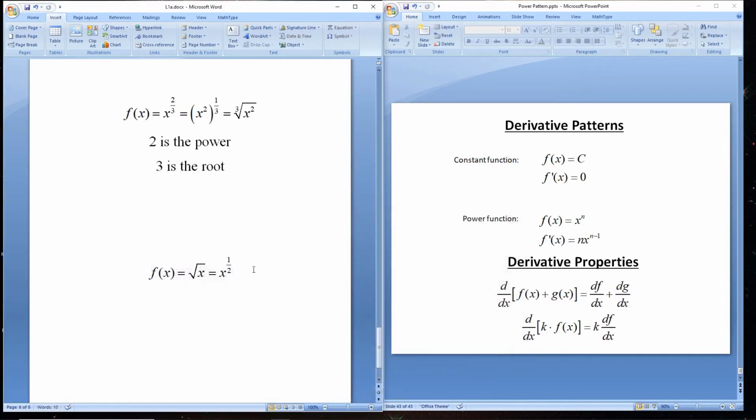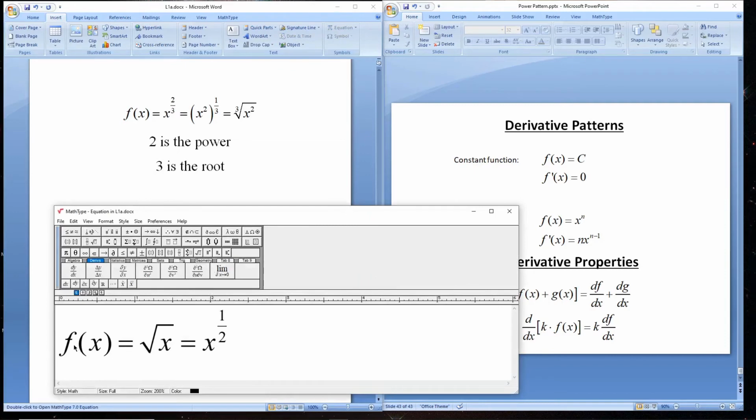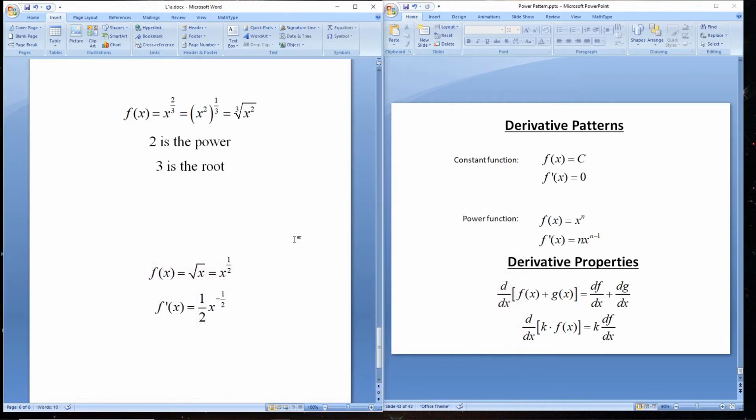The square root is a power function, and so its derivative is just following the power pattern. The 1/2 will drop down and then we subtract 1 from the exponent. So a half minus 1 is minus a half. And that's our derivative.